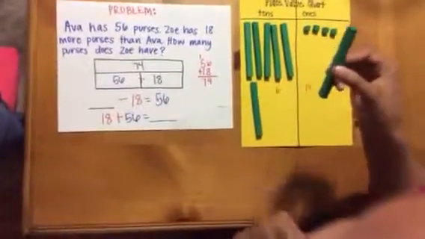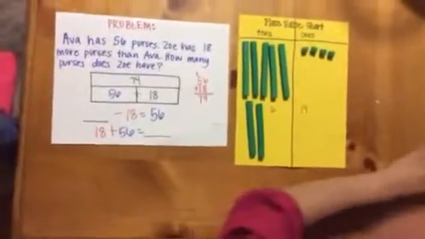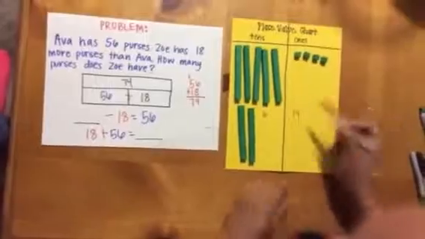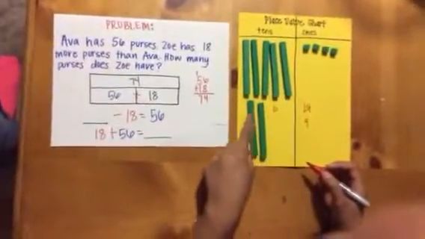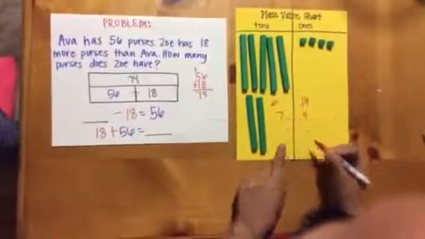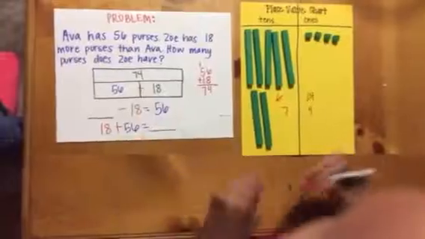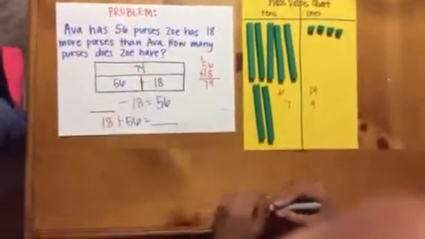So I'm going to replace the 10 ones with the 1 ten. So this turns into 4 ones, and let's count our tens. 1, 2, 3, 4, 5, 6, 7. 7 tens. 74 is equal to 74. So how many purses does Zoe have in total? She has 74 purses.